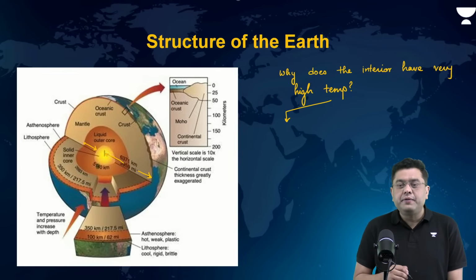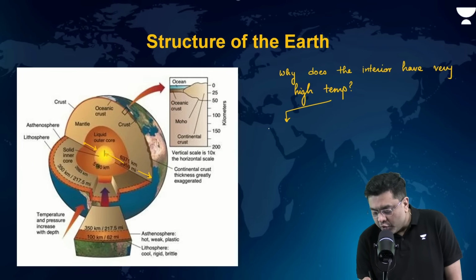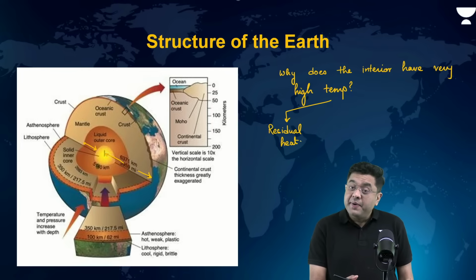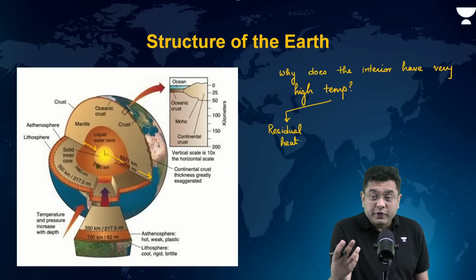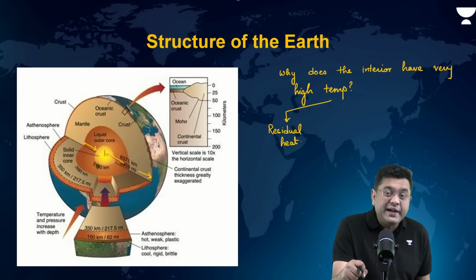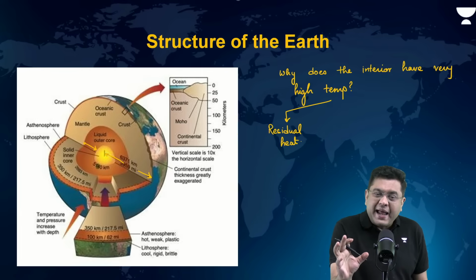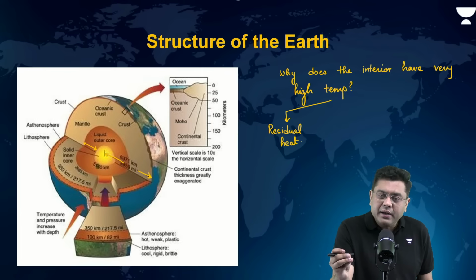First factor is what is known as residual heat. What is this residual heat? Remember yesterday's session when we were talking about the fact that planet Earth was cooling down from outside? As planet Earth started to solidify, the heat in the interior could not escape completely.